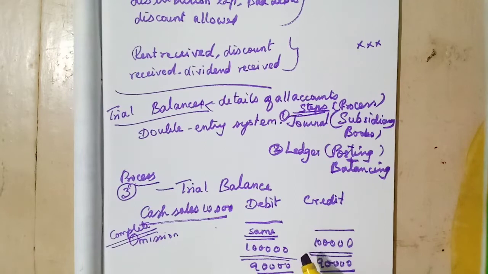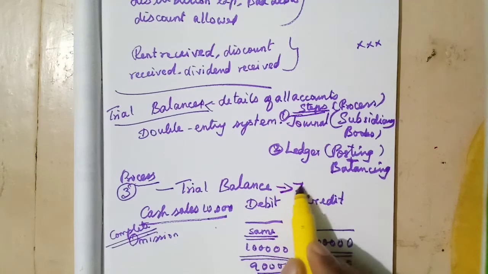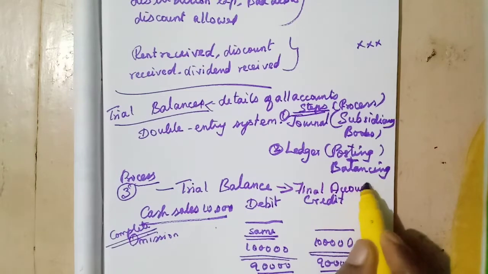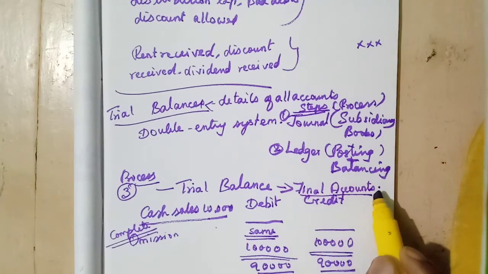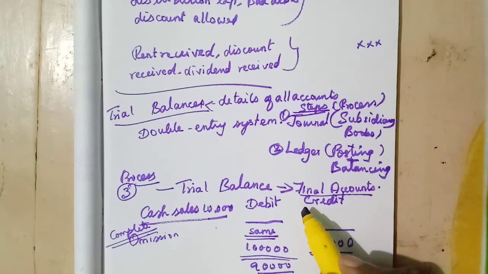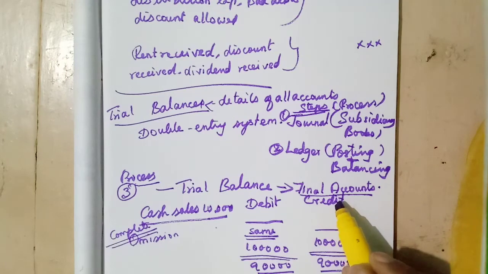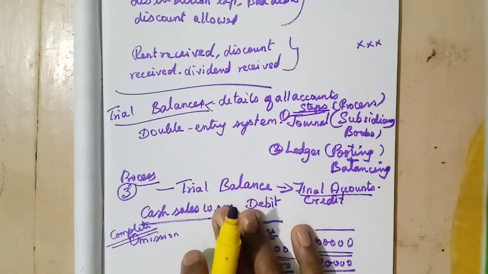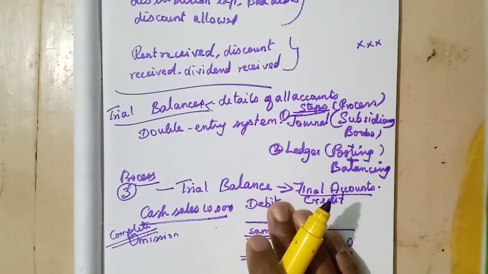After preparing this trial balance only, we will prepare the final accounts, the next stage of accounting. It is the basis for preparation of final accounts. Because in the trading and profit and loss account, we will take all the nominal account balances: expenses, losses, gains and income. Then the assets and liabilities will be entered in the balance sheet. So from the trial balance only we will prepare the final accounts.